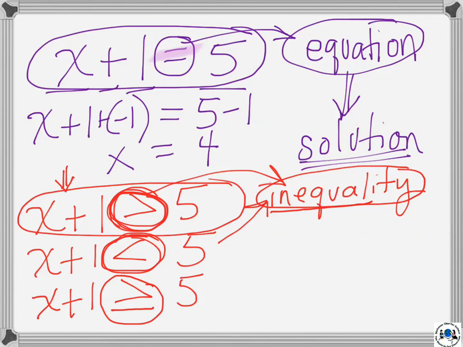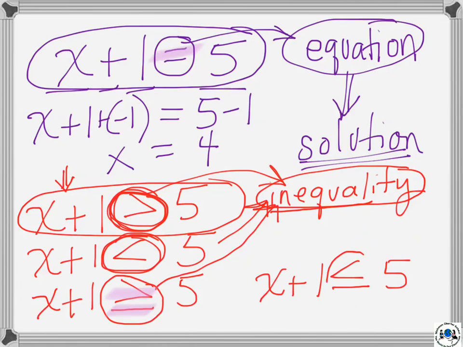This is still an inequality. But if you notice now, you have this little line underneath the greater than sign, which says greater than or equal to. In the same vein, we could also have x plus 1 is less than or equal to 5.